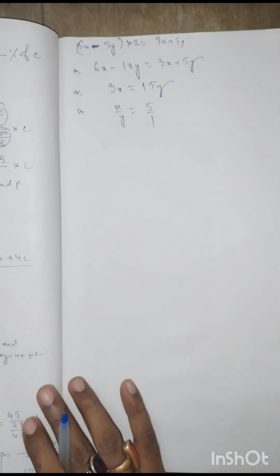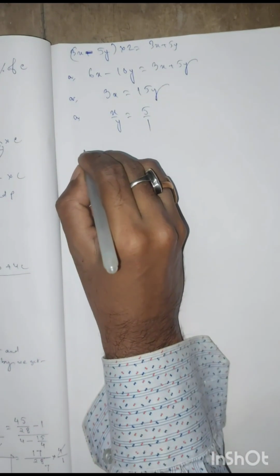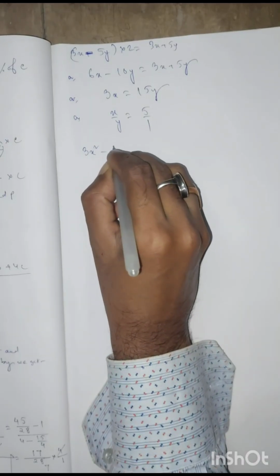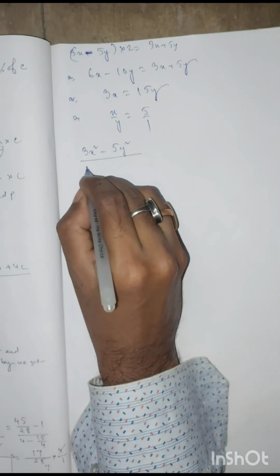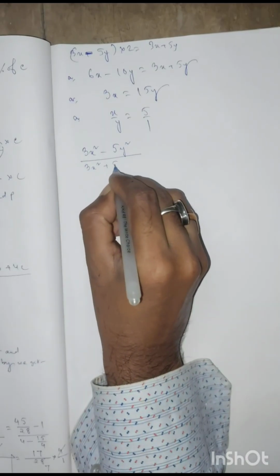Now we need to find out 3x square minus 5y square by 3x square plus 5y square.